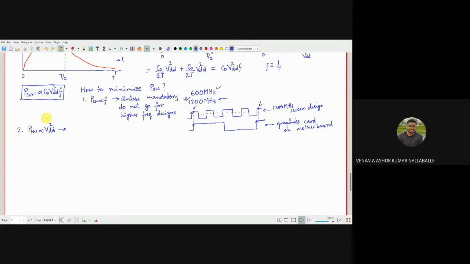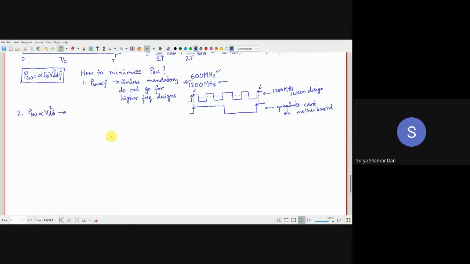Clock gating. Yes, clock gating. How is clock gating built? Using an AND gate, so whenever we don't require a particular block of the circuitry, we just gate it off. Correct. Awesome. So that brings us to number 3.